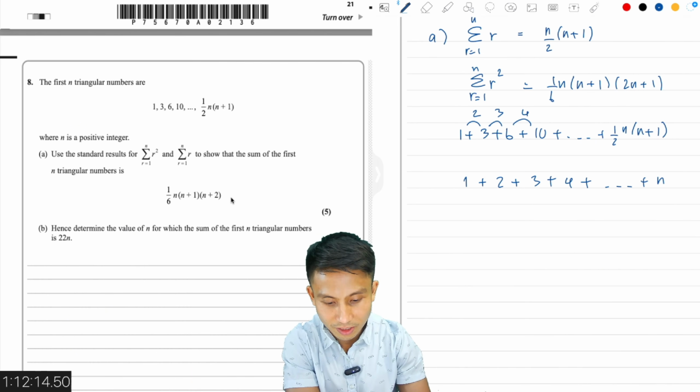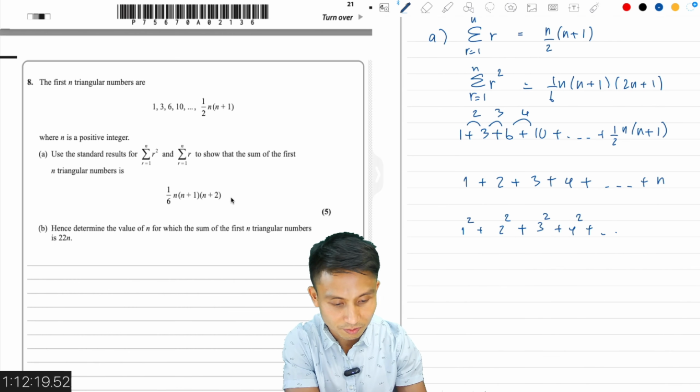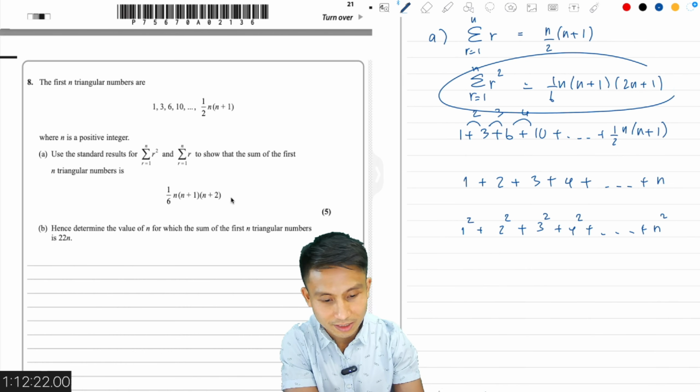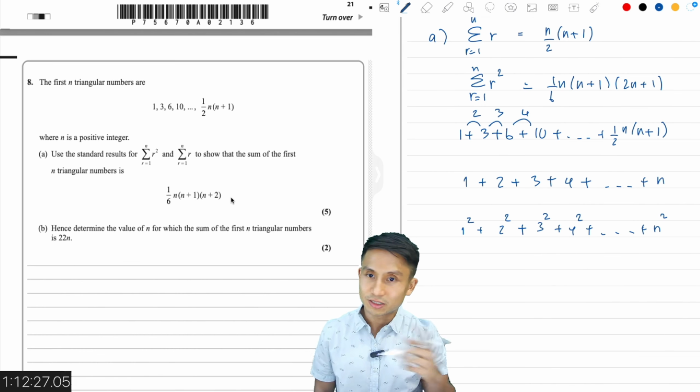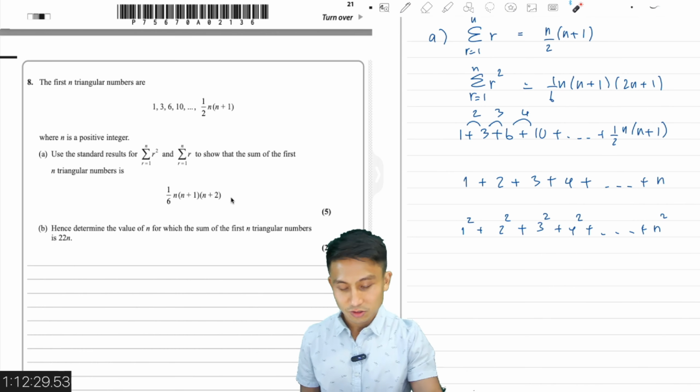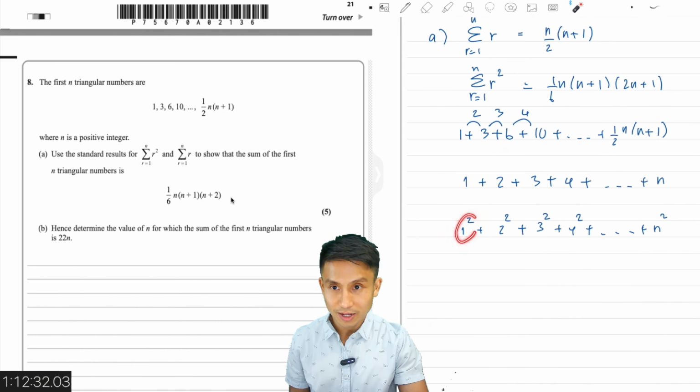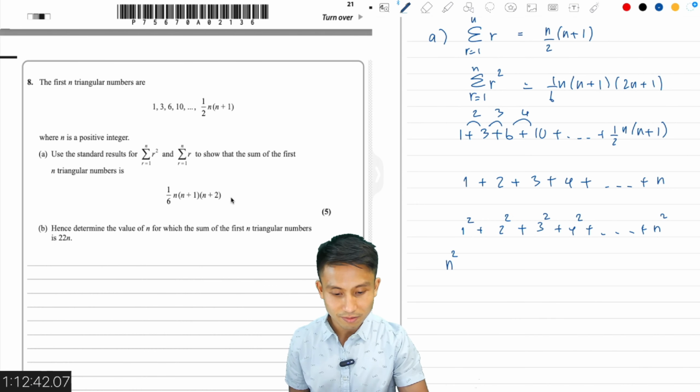But if I have 1 squared plus 2 squared plus 3 squared plus 4 squared up to n squared, it's going to be this guy. It appears I should mix the two together somehow. So how about n squared minus, the nth term would be n squared minus n minus 1. How about that?